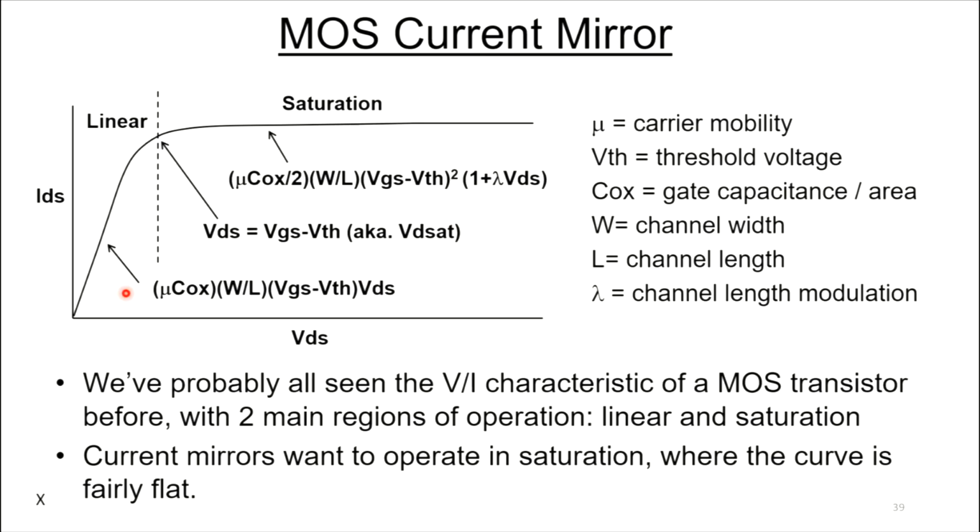You have an equation for the linear region, an equation for the saturation region, and right where you switch from linear to saturation, that's called VDS sat. That's about the lowest voltage you can go to where it's still in saturation. And here's what all those different terms in these equations mean.